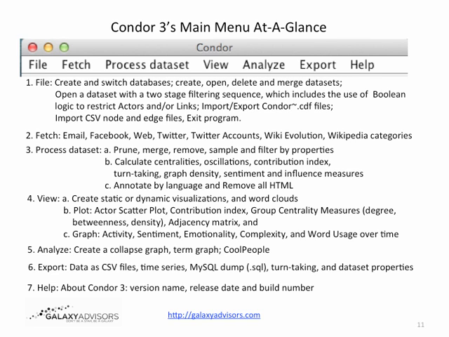Process Data Set also calculates centrality, such as betweenness, closeness, and degree. It also calculates oscillations, a special variable measure called contribution index, turn taking, graph density, and sentiment and influence measures, which are content measures. Again, Condor handles both content and structure.